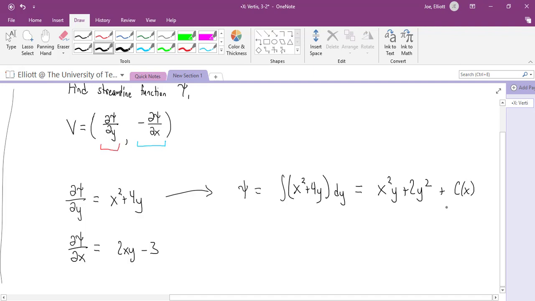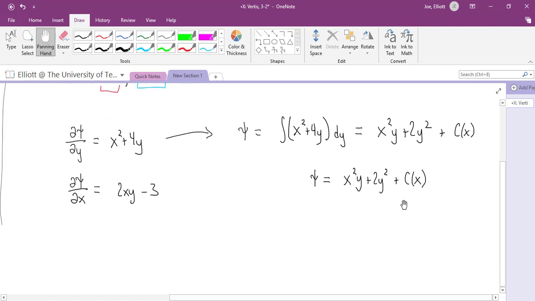Okay. So we integrated this with respect to y to recover the streamline function, but right now we're not finished because we haven't figured out the streamline function completely yet. So we don't know what this function c of x is, and therefore we haven't quite figured out the streamline function completely.